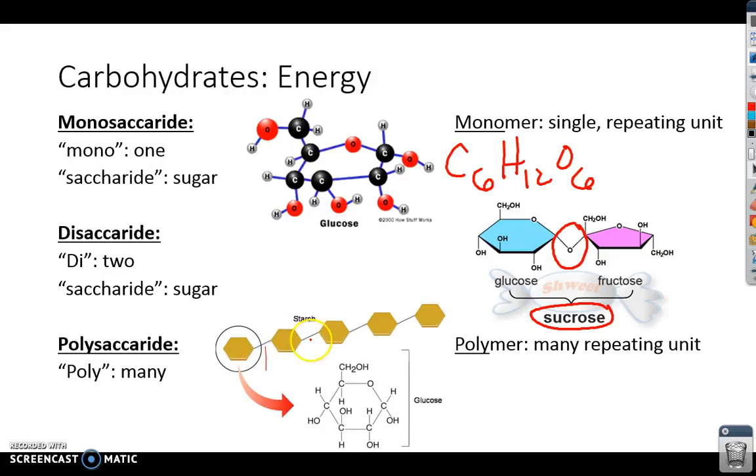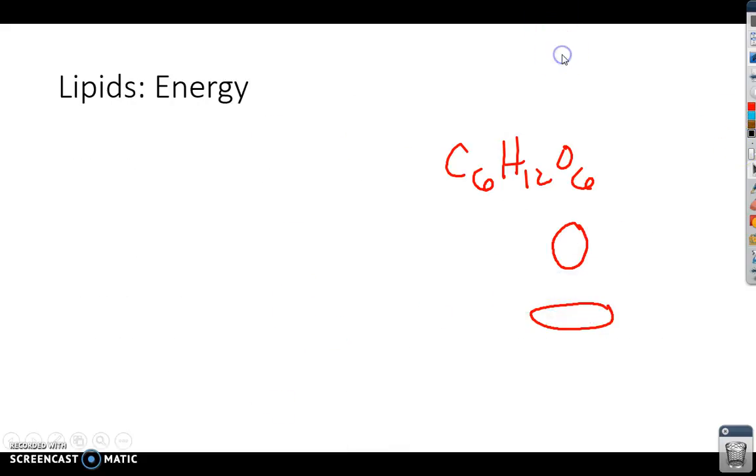There's a covalent bond, there's a covalent bond, there's a covalent bond, there's a covalent bond. This is what we call starch. It's a long-term storage area for energy. So carbohydrates store energy. They can be monosaccharides, 1 sugar, glucose, disaccharide, 2 sugars, sucrose, or polysaccharide, many sugars put together, called starch. All right, so that is our carbohydrates.